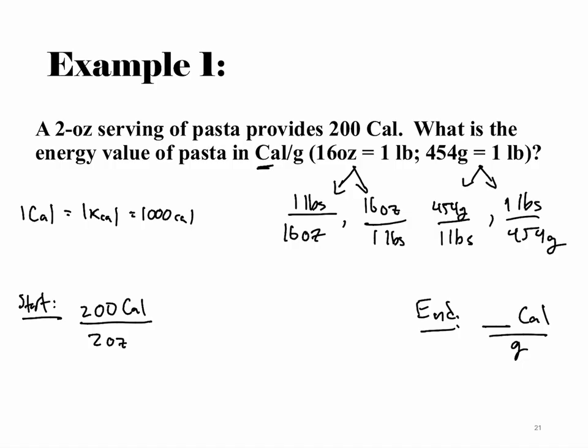So we can go from a ratio, or we can convert masses right away. We're starting from ounces, and we want to get rid of these ounces in the denominator and turn them into grams. So we're going to go from ounces to pounds to grams.